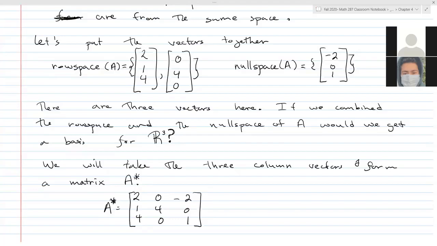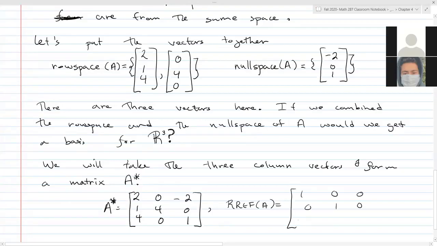Yes, we have n vectors. Then the REF of A star is going to equal the identity: 1, 0, 0, 0, 1, 0, 0, 0, 1.